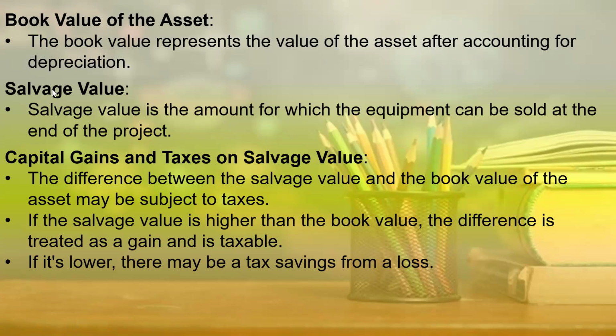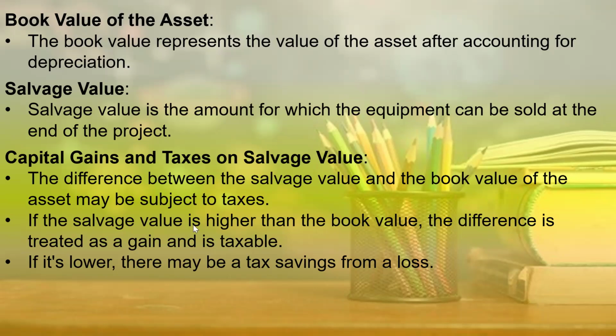And salvage value, which is also known as residual value or scrap value, is the amount for which the equipment can be sold at the end of the project. We can calculate capital gains or loss and taxes on salvage value. The difference between the salvage value and the book value of the asset may be subject to tax.